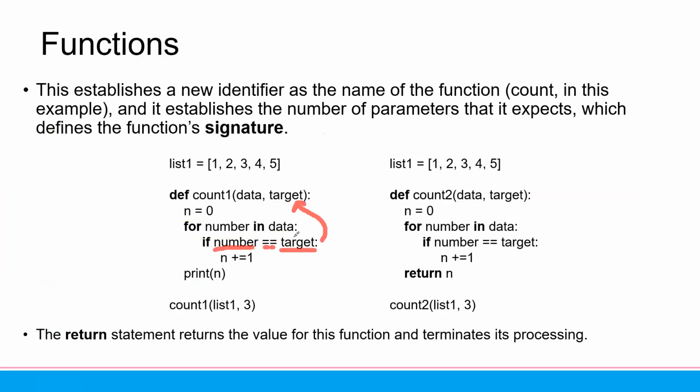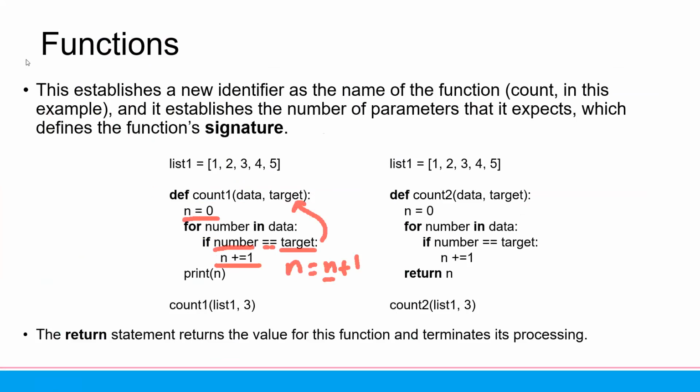If it is equal, then let's do this one, n plus equal 1. Do you know what n plus equal 1 is? This is n equals n plus 1. We will add 1 to the old value of n. Because the old value of n is 0, the new n will be 1.